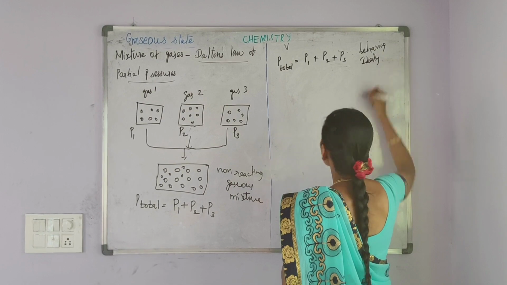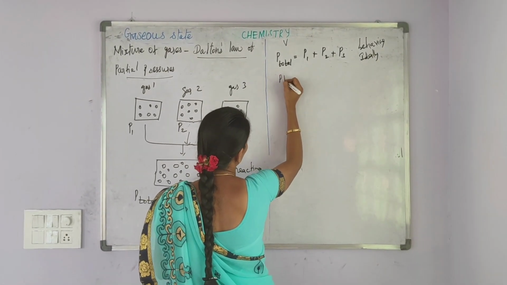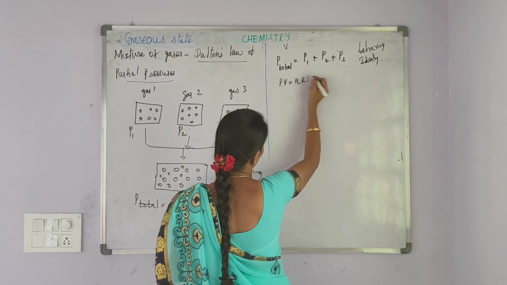So, now I am using the ideal gas equation. We know the ideal gas equation is PV equals nRT.